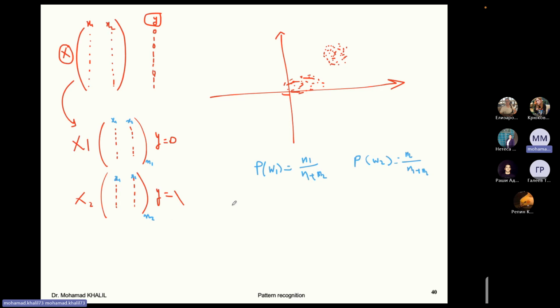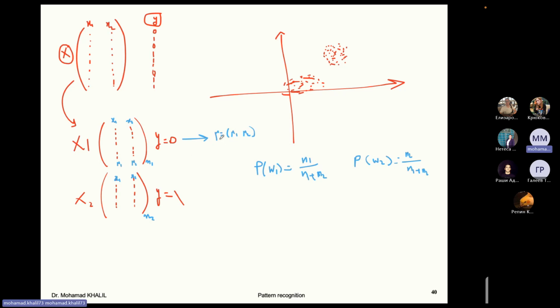Then how can we estimate mu1? Directly you calculate the mean here and the mean here, so you have mu, equal to mu1 and mu2. The average here is mu1, and the average here is mu2.